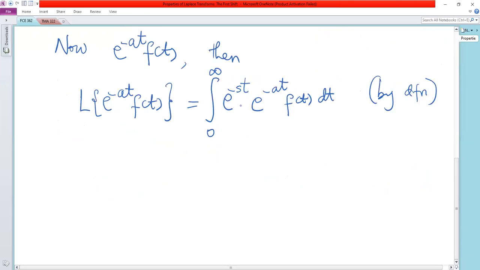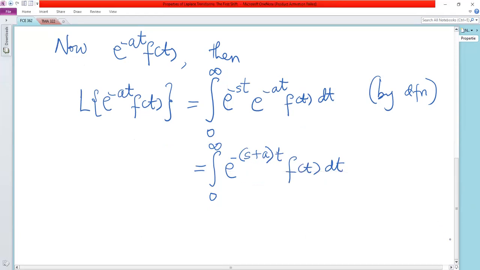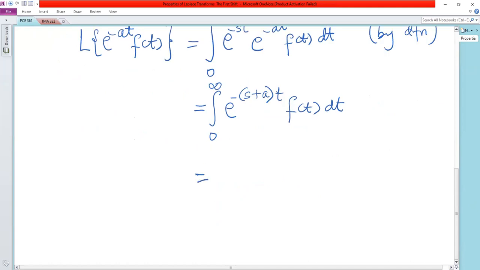Now, this part, we write as the integral from 0 to infinity of e raised to the power, where we factor out negative, and then we have s plus a, multiplied by t, f of t dt. Now, this is actually the definition of the Laplace transform with s plus a.